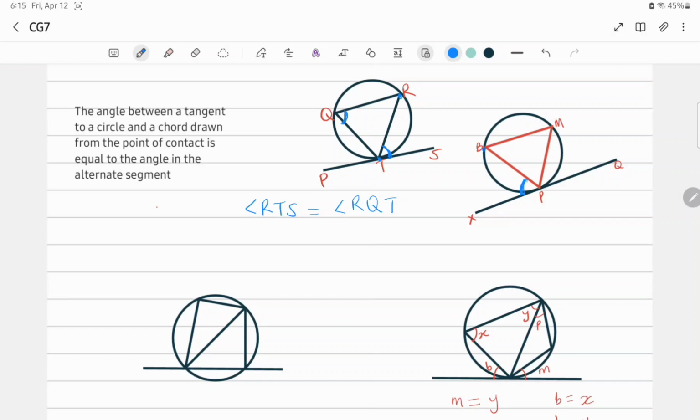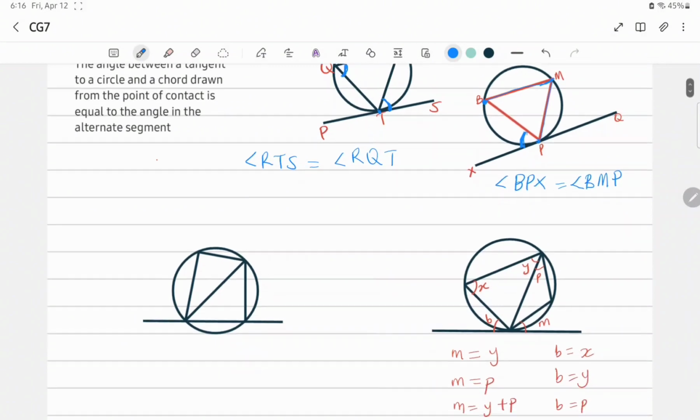The chord BP, this is B and this is point P. I can see that chord BP is forming another angle at M. The two ends of the chord are making another angle at M. So we say angle BPX is equal to angle BMP. It's as simple as that.